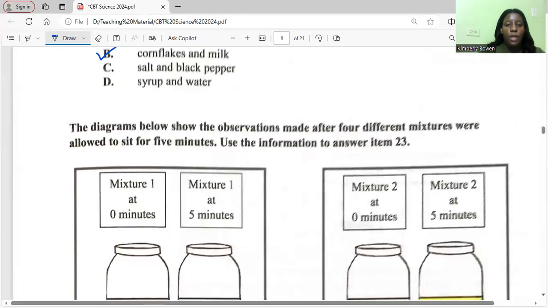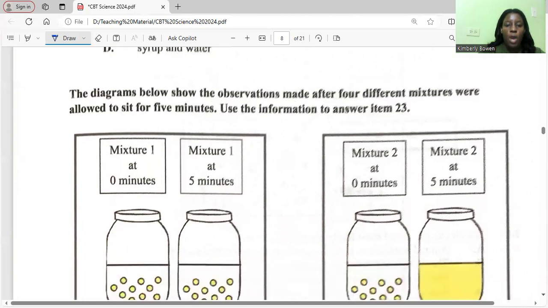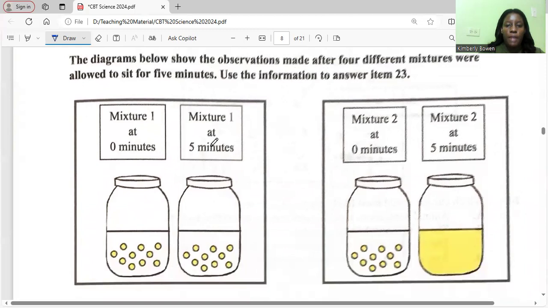The diagram below shows the observation made after 4 different mixtures were allowed to sit for 5 minutes. Use the information to answer item 23. Mixture 1 at 0 minutes, mixture 1 at 5 minutes. All of the diagrams show the mixture at 0 minutes and after 5 minutes.